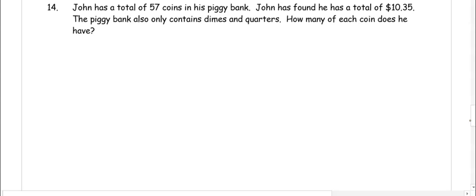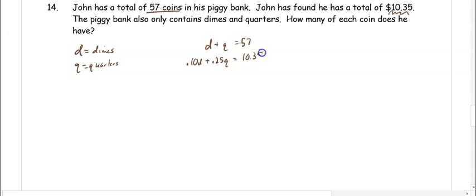In number 14, John has a total of 57 coins in his piggy bank. John found that he has a total of $10.35. The piggy bank only contains dimes and quarters. How many of each coin does he have? So our two coins here, we have dimes and we have quarters. We know there are a total of 57 coins, so D plus Q equals 57. And we know he has a total of $10.35. So a dime is 10 cents, so 0.10D. A quarter is 25, so 0.25Q equals $10.35.